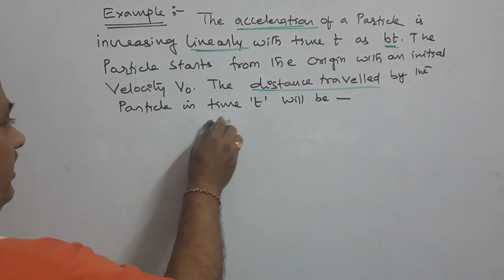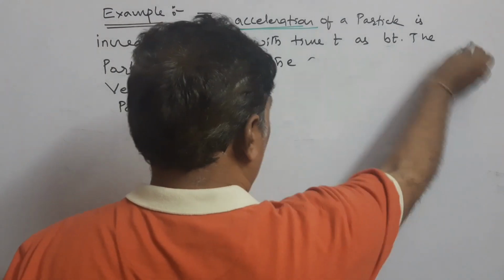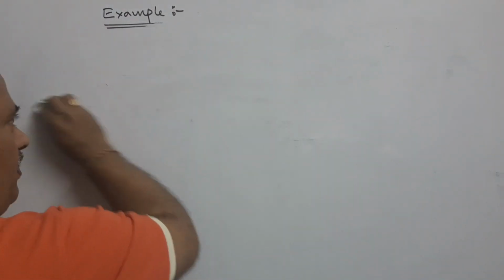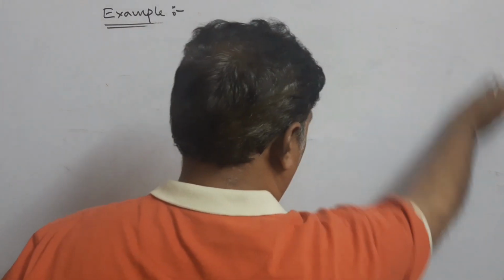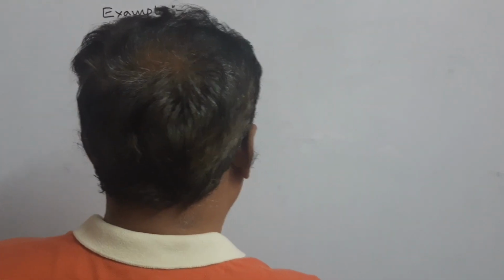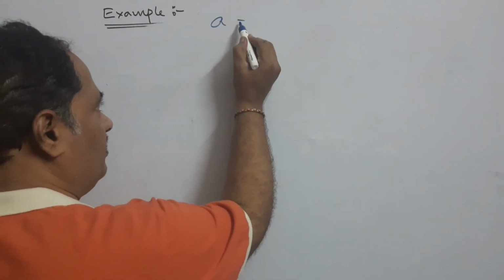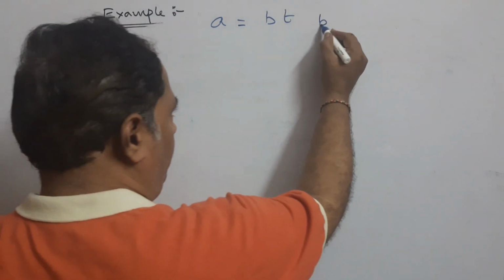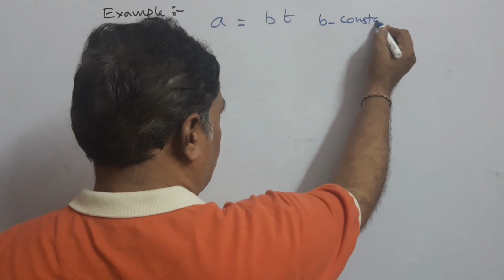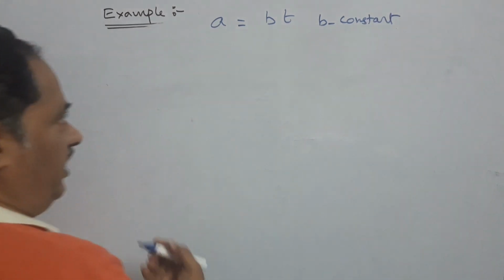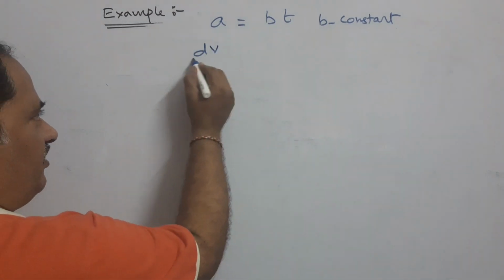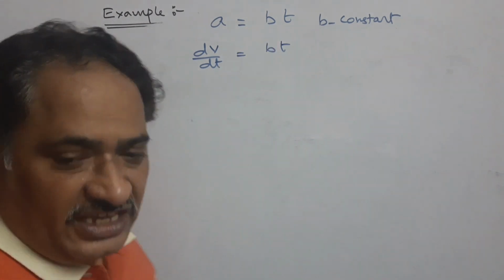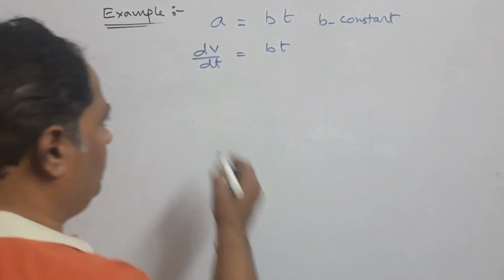Okay, here I want to take that equation, since the problem data is clear for us. Hence I can take acceleration that is equal to bt, where b is a constant. Then acceleration can be written as dv by dt, that is equal to bt.